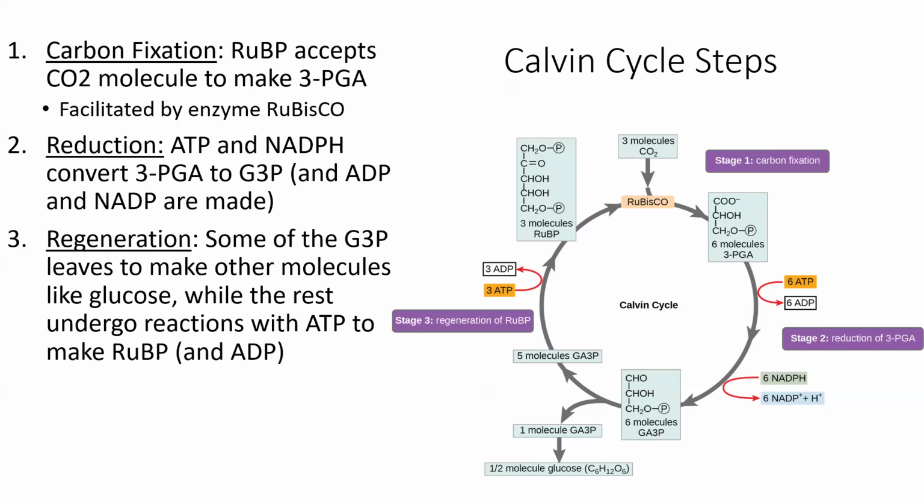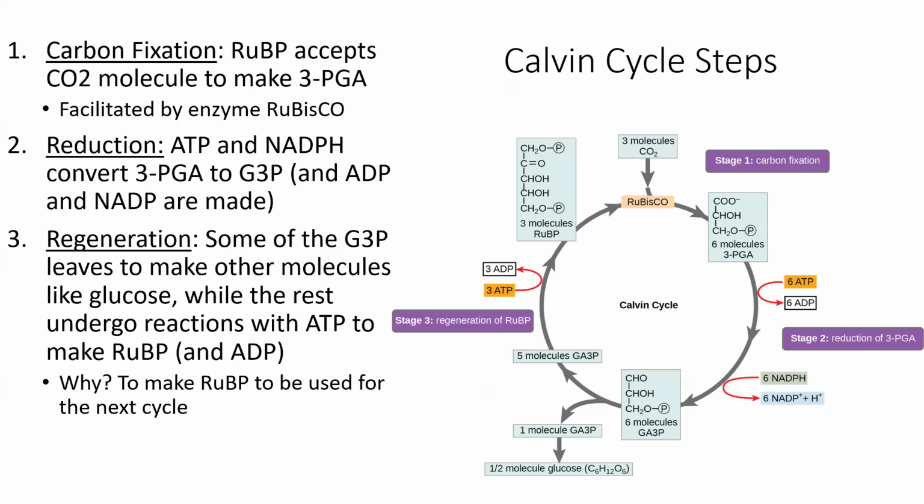Some of the G3P that's produced is going to go back into this cycle. So some stays and some goes. One carbon dioxide molecule is used in one turn of this cycle. So to make a glucose, we would have to have 6 cycles. To make one glucose molecule, this would have to turn 6 times.